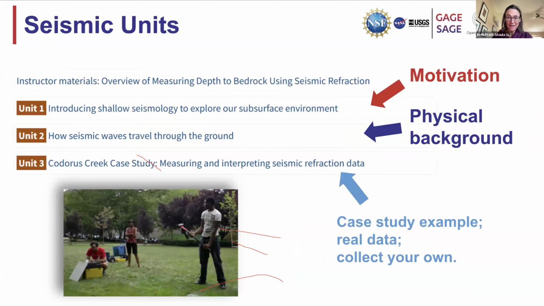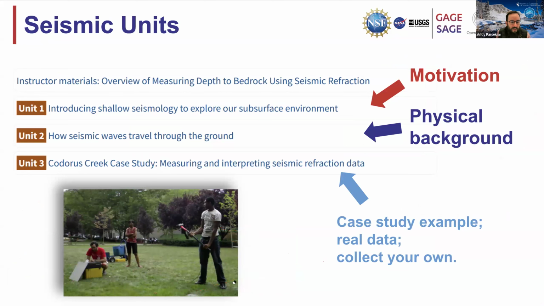All right, and back to seismology with Andy. The seismic module of Iguana has 3 units. The first is a motivation where we introduce shallow seismology and explain how it fits into the context of geoscience and environmental problems, and hopefully convince students why they would want to get excited about this.